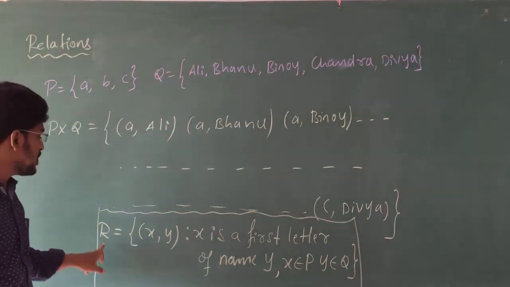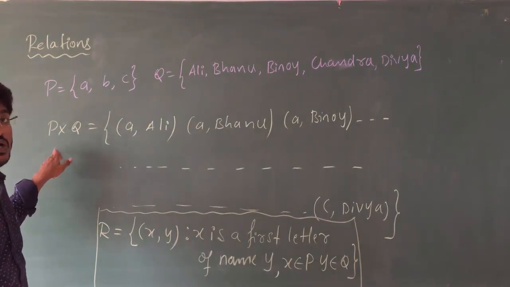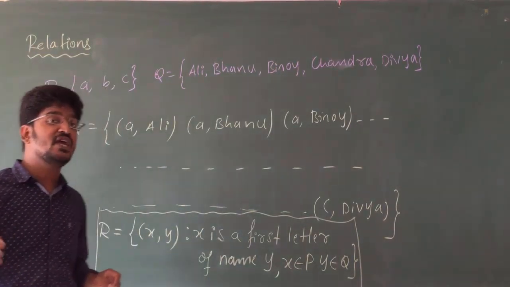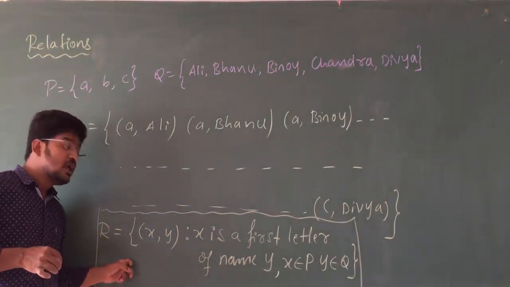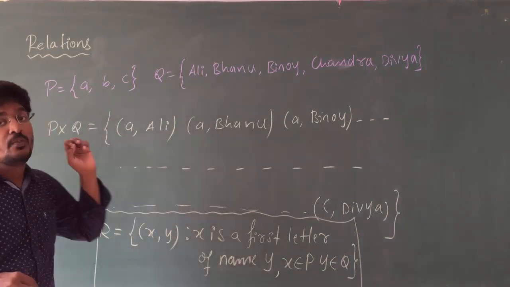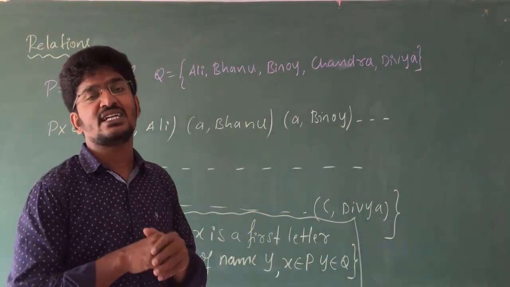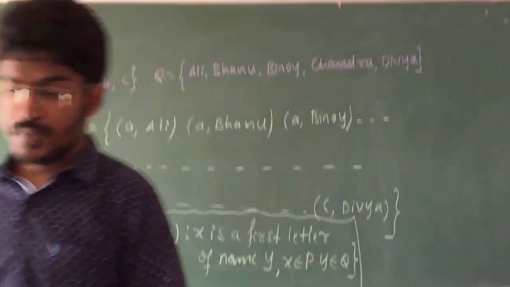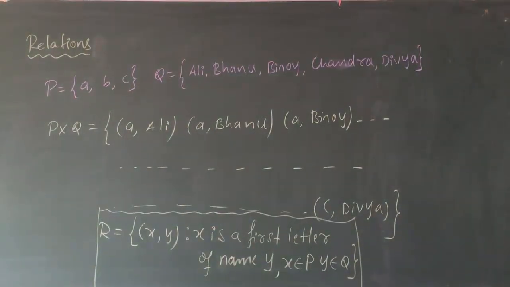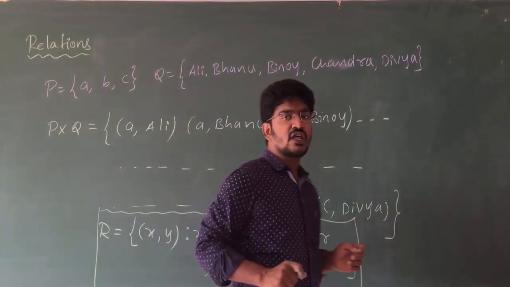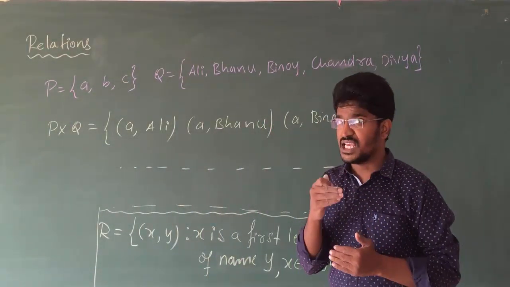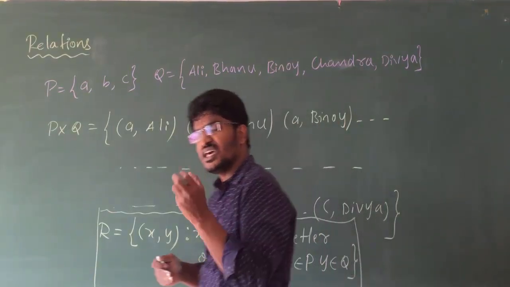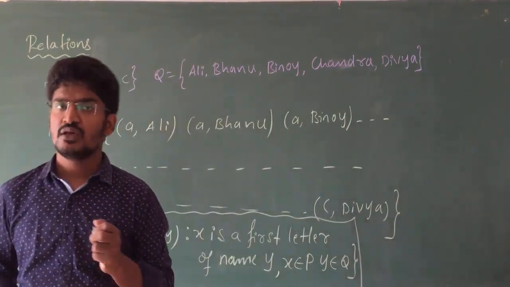What is the meaning of R is a subset of P cross Q? Each and every element of this R is going to be in P cross Q. So please understand all these technical words. Are you getting my point? Clear? Because to know relation you must have a clear concept of Cartesian product.